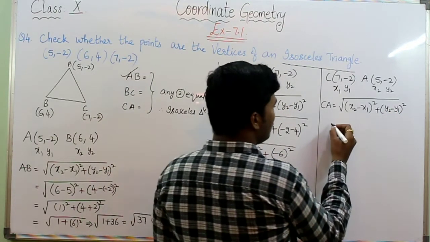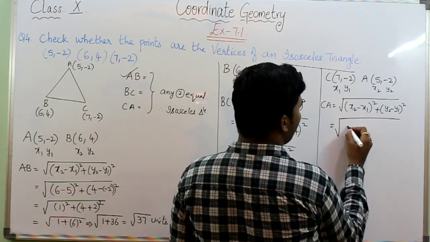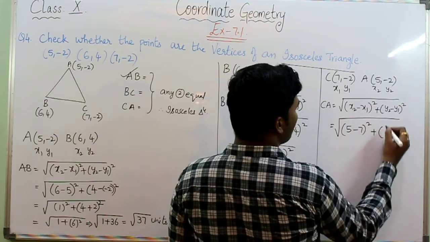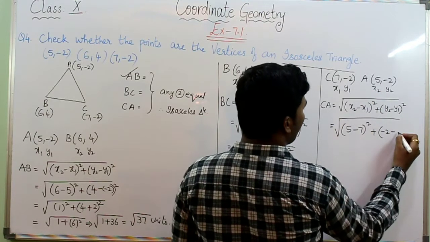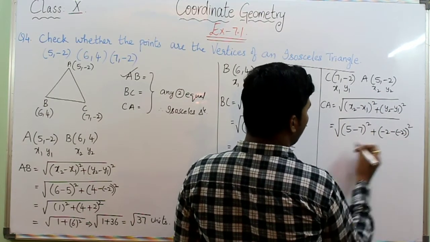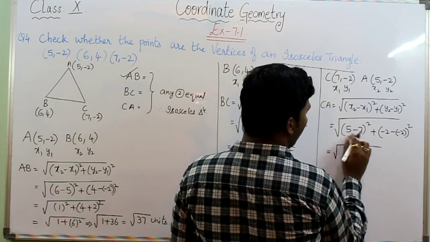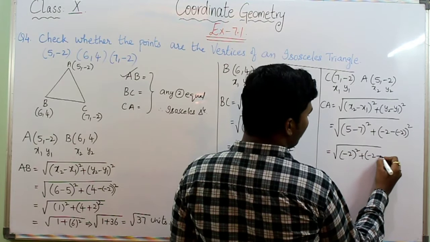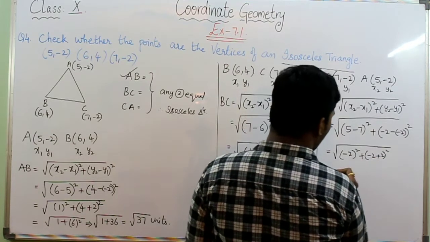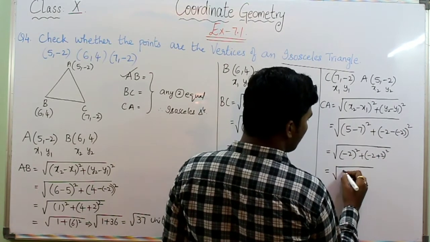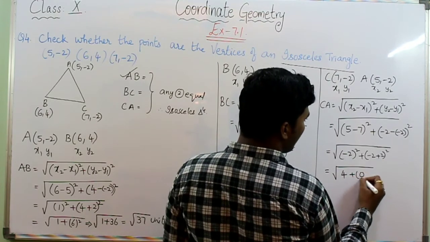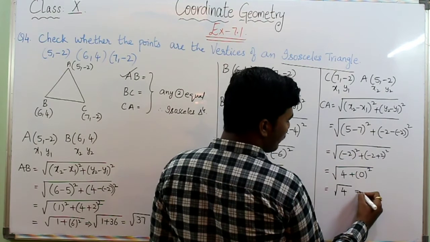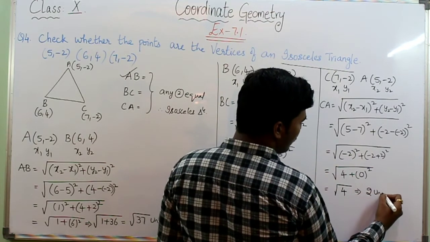So this is equal to square root of 5 minus 7 whole square plus y2 is -2 minus of -2 whole square. So this is 5 minus 7 is -2 whole square and -2 plus 2 whole square. So this is 2 square is 4 and -2 plus 2 is 0, 0 square. Then you are left with square root of 4, which is equal to 2 units.